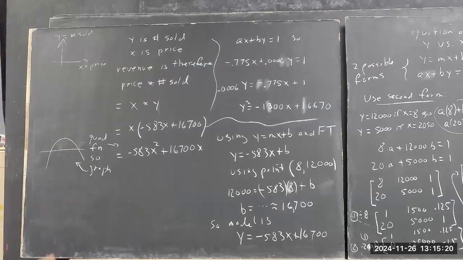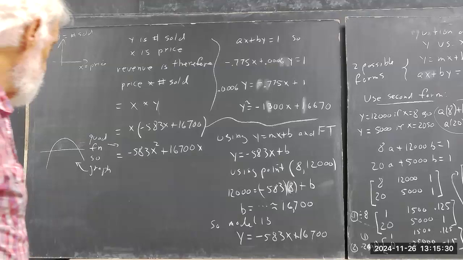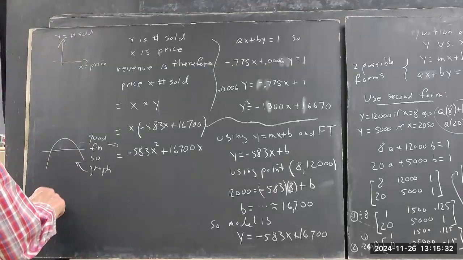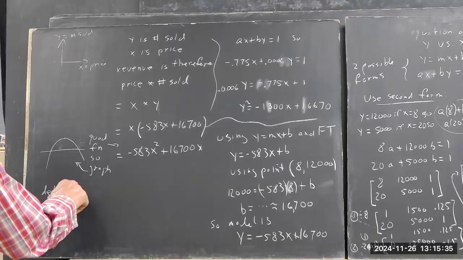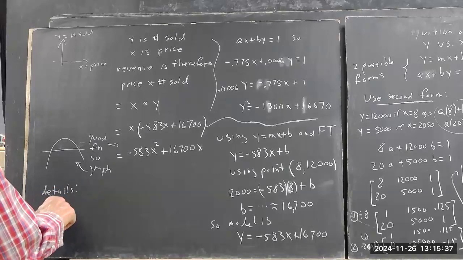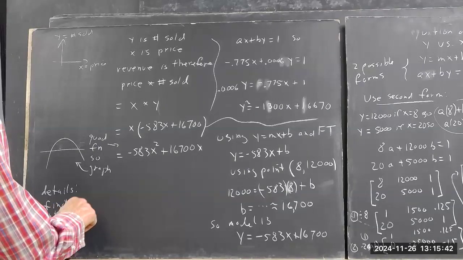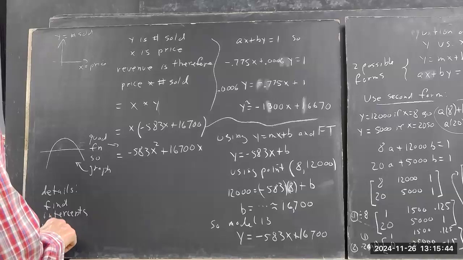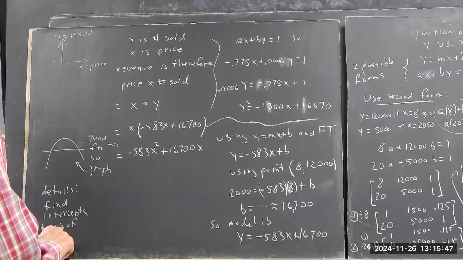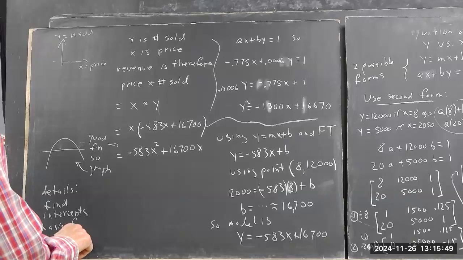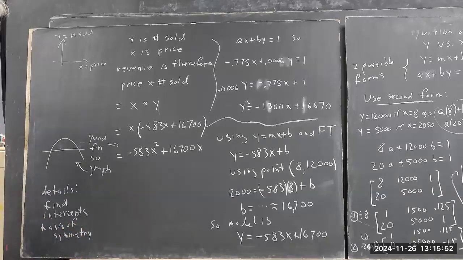And I don't know where the y-intercept is. Actually, I do know, but okay, at least I know how to find it. So, how do you find the intercepts? To get the details, we find the intercepts and the axis of symmetry.